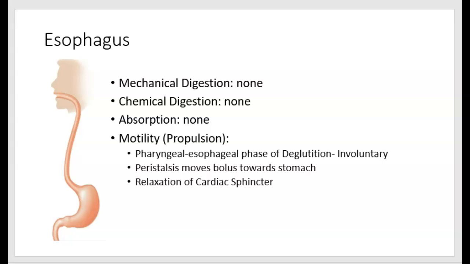It's called the pharyngeal esophageal phase. And it's mediated by the enteric nervous system. In addition, peristalsis moves the bolus from the superior esophagus towards the stomach, where at the very end of the esophagus, the cardiac sphincter relaxes to allow the bolus to enter the stomach.